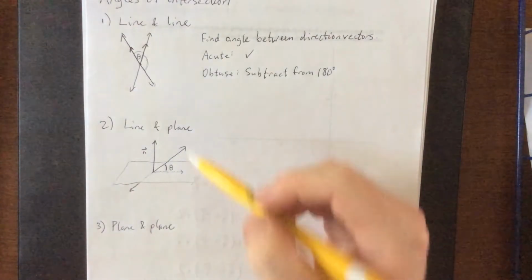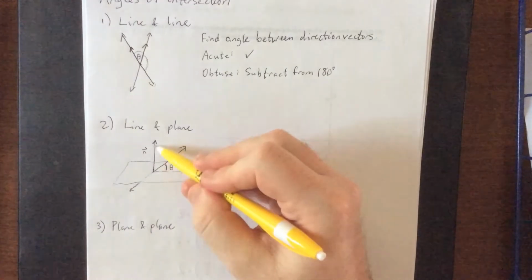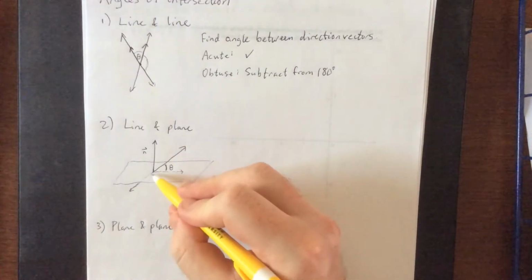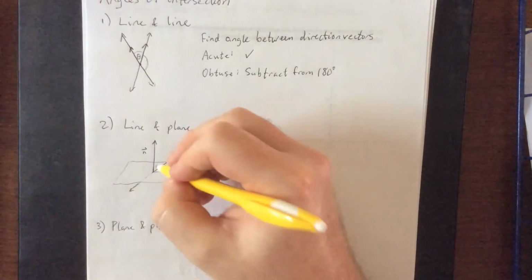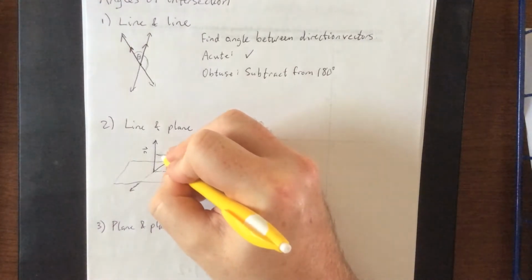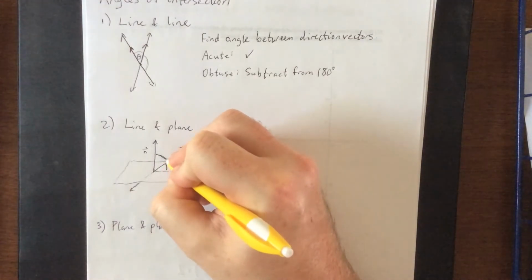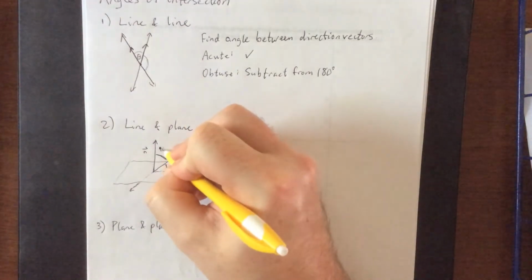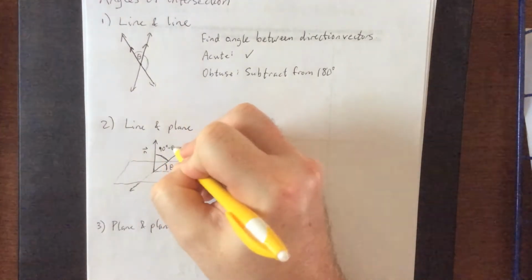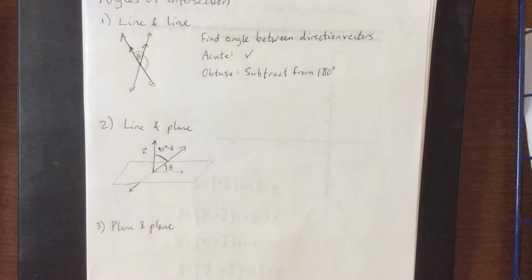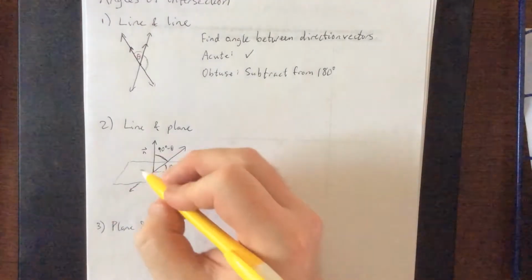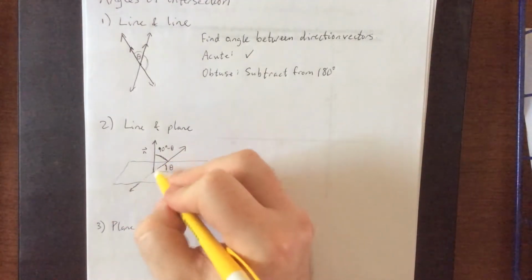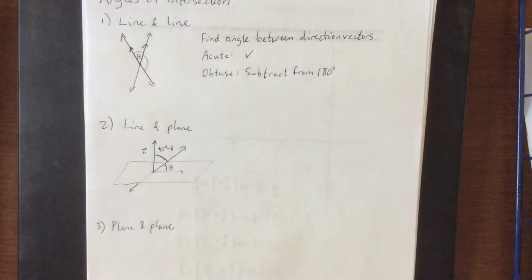Well, given that the plane is defined in terms of its normal vector and the line in terms of its direction vector, what we could do is start by finding the angle that is between the vector and the line with the knowledge that this is going to be 90 degrees minus theta. However, what we don't actually know is whether we're going to be dealing with an acute or an obtuse angle when we find that angle.